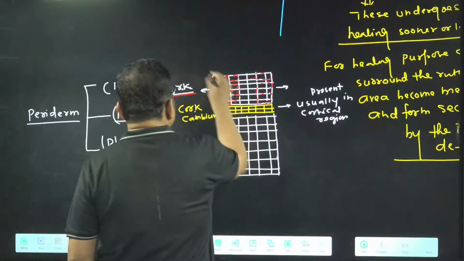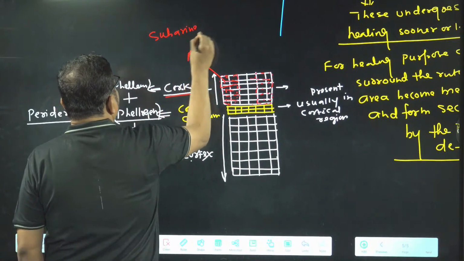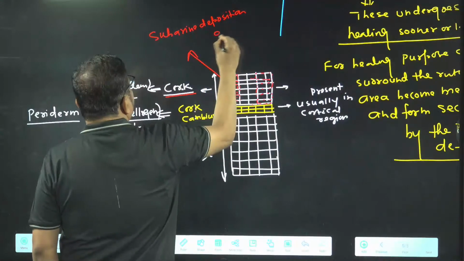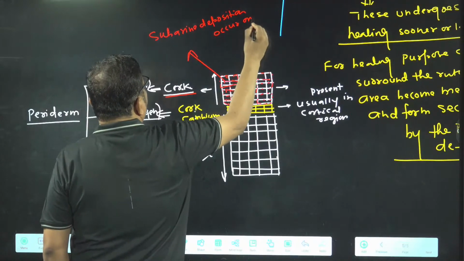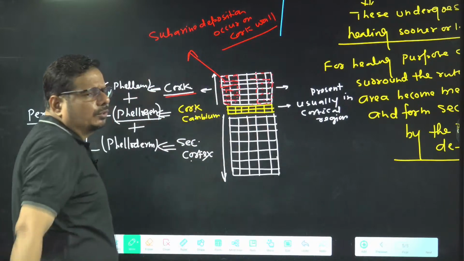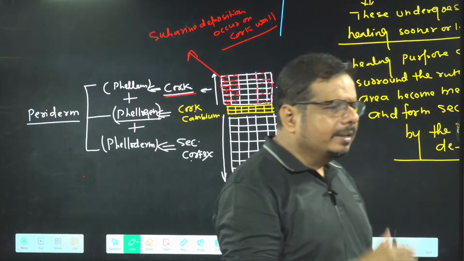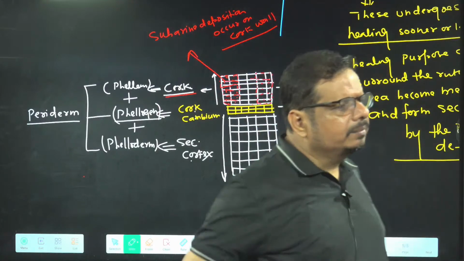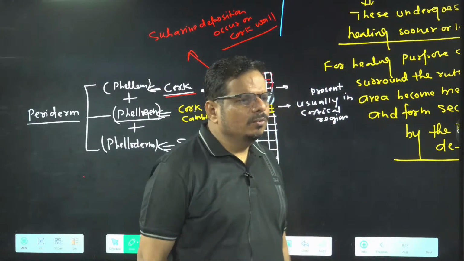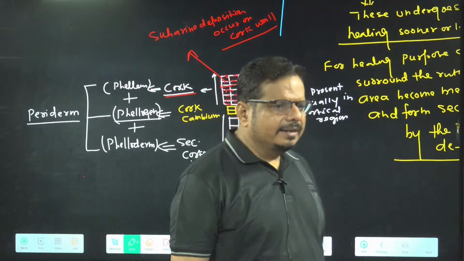Suberin is deposited on the cork wall. And due to suberin deposition, what happened? The cell's connectivity gets cut from the neighboring cells. So the supply line will be blocked. No food will go into that cell. No water will go into that cell. Understanding the idea or not?